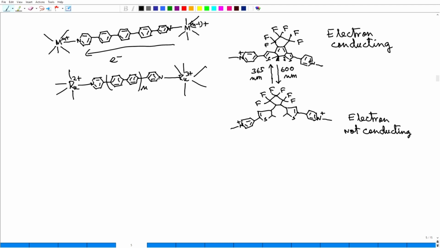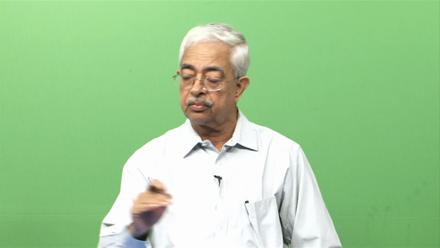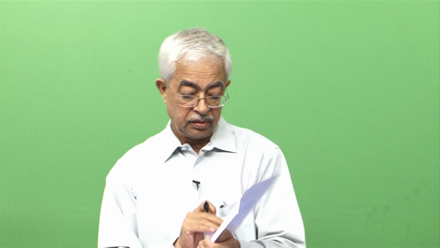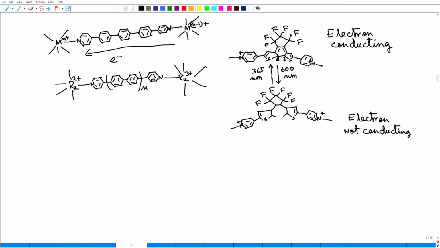You heat it with 600 nanometer, it will stop. So, switching light on and off means electron is moving and not moving. So, I have completed here logic gate, molecular wire and molecular switch.